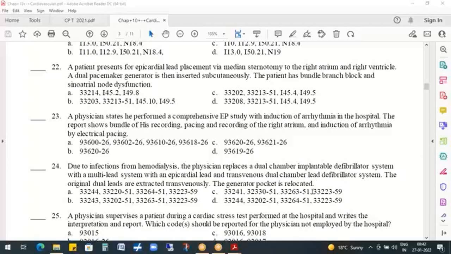Yes, sir. 33202. Okay. Next, make heading: thrombectomy and embolectomy.